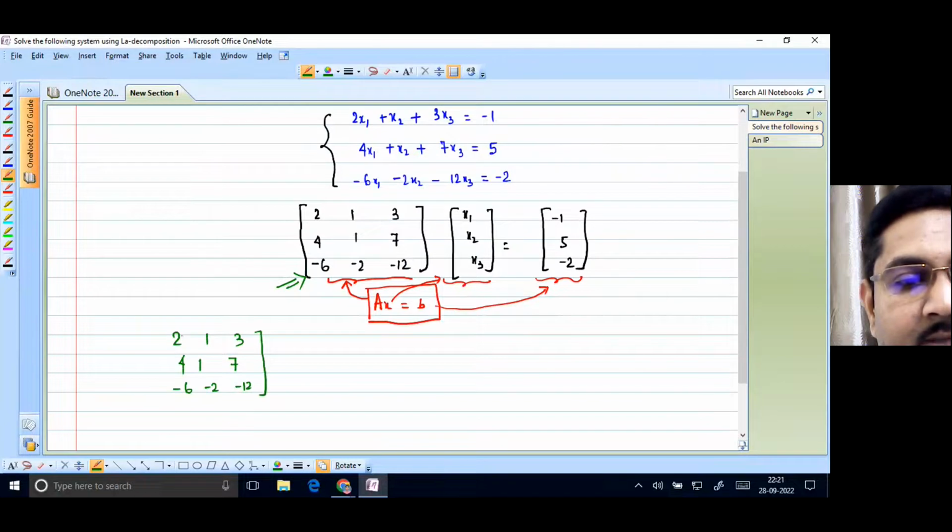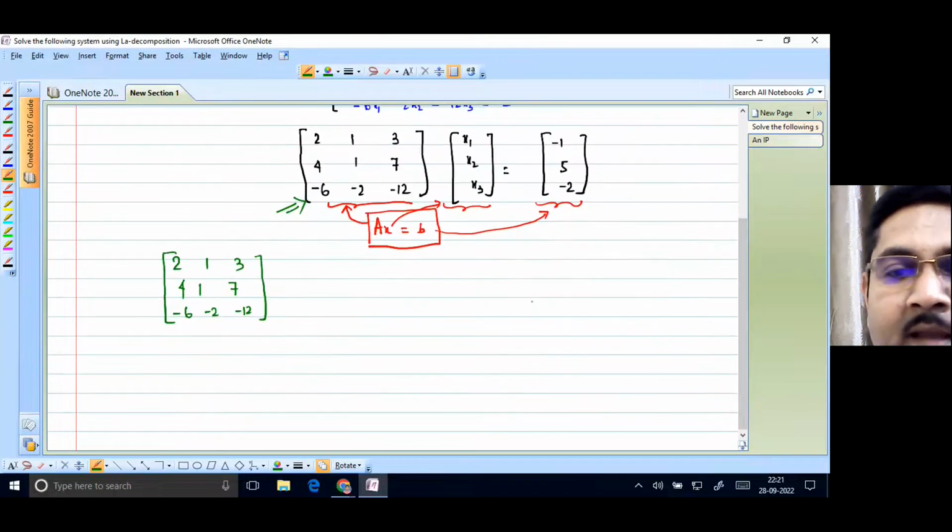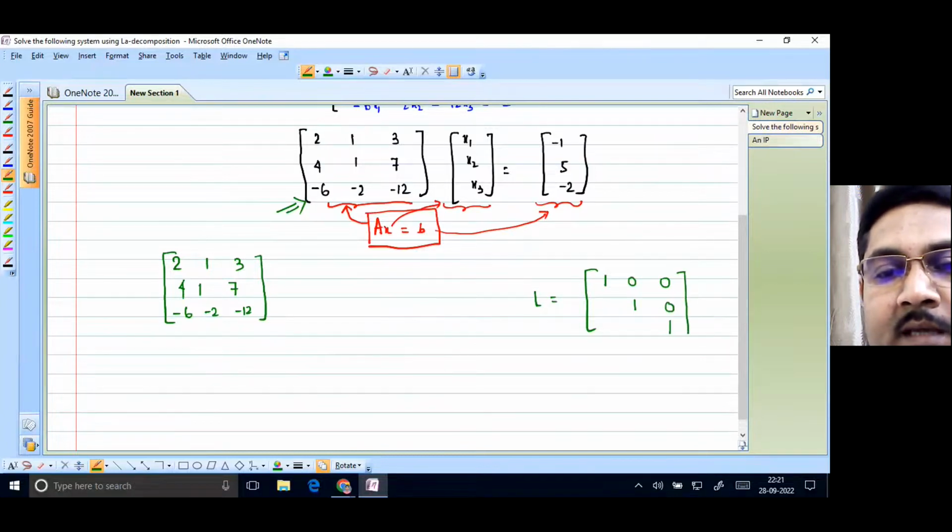And you can see I will try to row reduce it and I will try to get U. And at the same time, I am trying to get my L. L is 1, 0, 0; here 1, 0; here 1. Remaining elements I will try to find out.